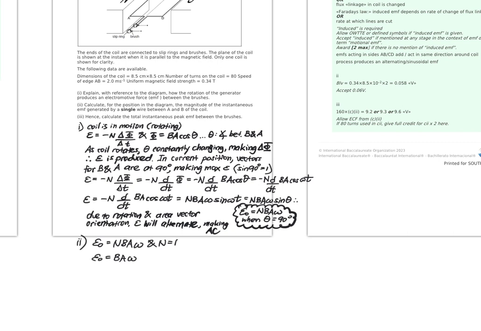That would have been super annoying. Doable, but annoying. But instead, I can just do EMF is BVL. I know the speed, I know the length of the wire, and I know the strength of the magnetic field. So there we go. I think that's a much easier way of answering that question. It's also what the mark scheme tells me to do. But yeah, that's from 11.1.